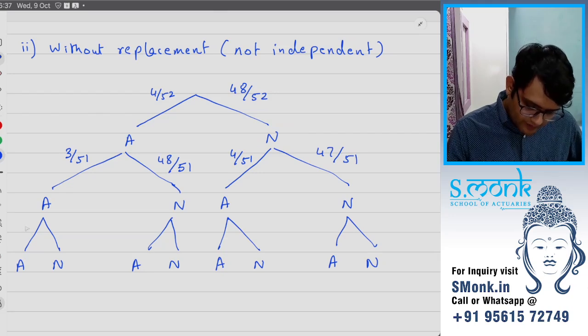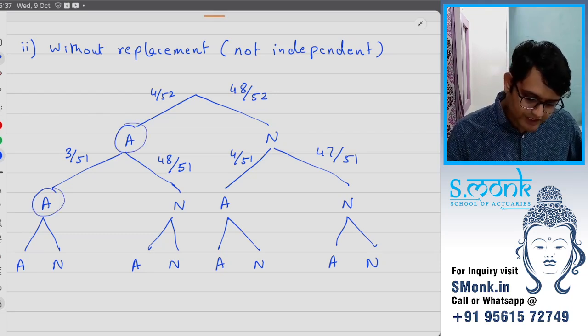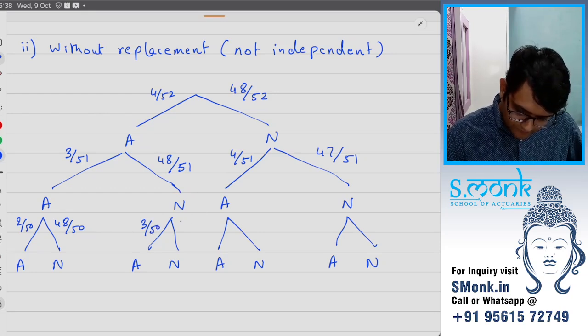I will say probability of getting ace in the third card when first two are aces. Okay, first two are aces, so I'll have 2 by 50. Here I'll have 48 by 50. This I got an ace, then not an ace, so for this I'll have 3 by 50 and 47 by 50.